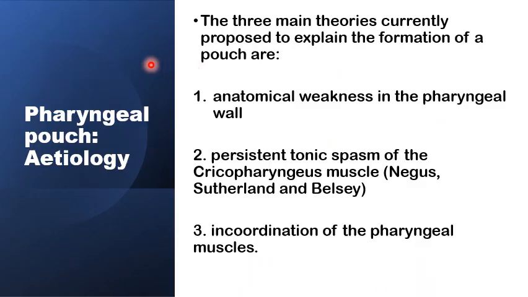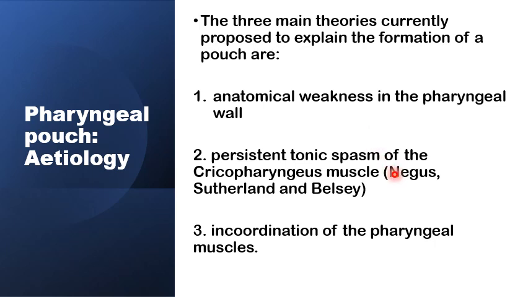What is the exact etiology of a pharyngeal pouch? There is no broad agreement. There are three main theories proposed for the formation of the pharyngeal pouches. The first is that there is an anatomical weakness in the posterior pharyngeal wall and the Killian's dehiscence area.